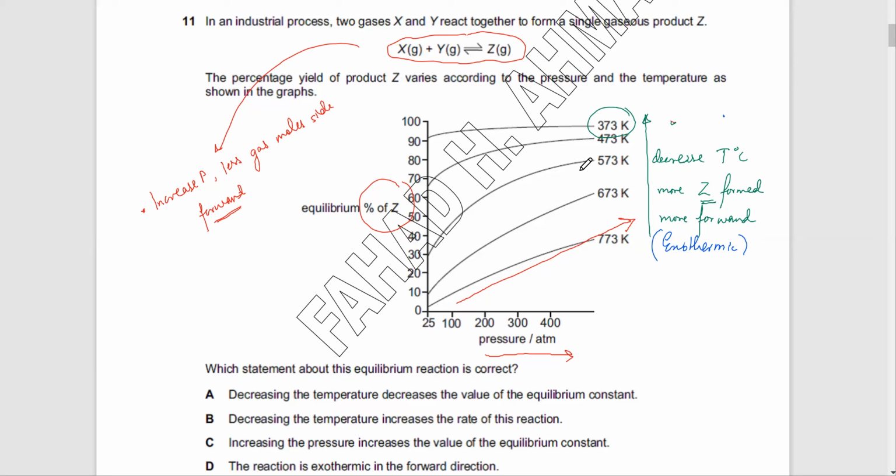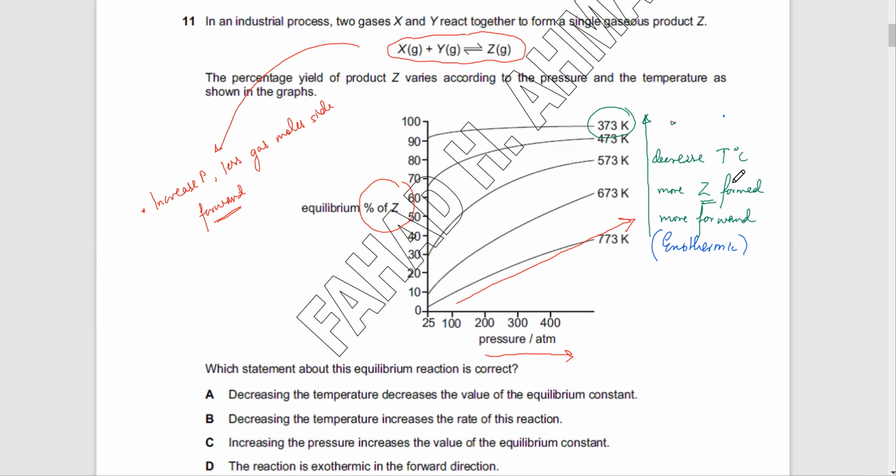The reason I wanted to do this question was that you need to interpret this graph and figure out which one is the exothermic and which one is the endothermic reaction. You could be asked multiple things. By just looking at the graph, you can figure out whether the forward reaction is exothermic or endothermic. Your temperature decreases, but the amount of Z produced actually increases.